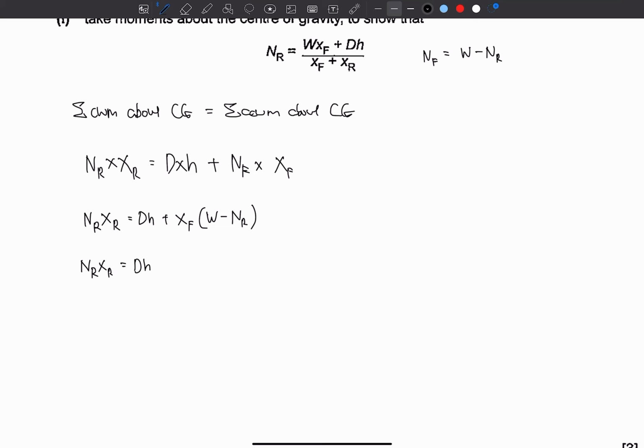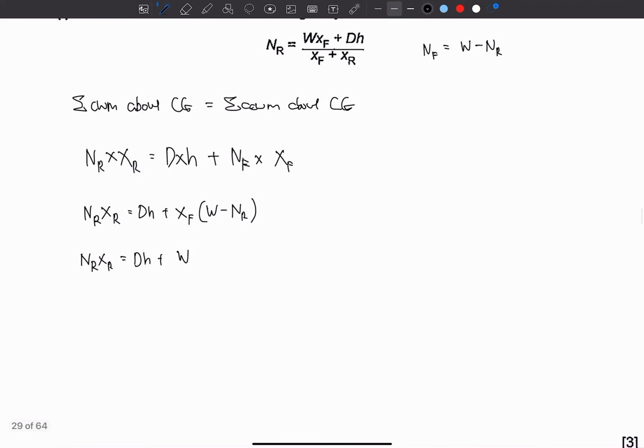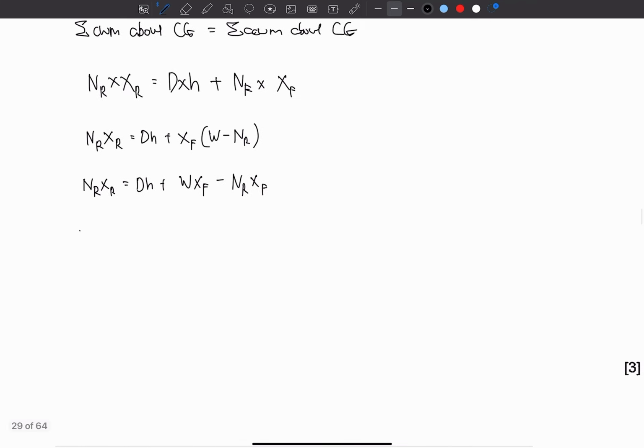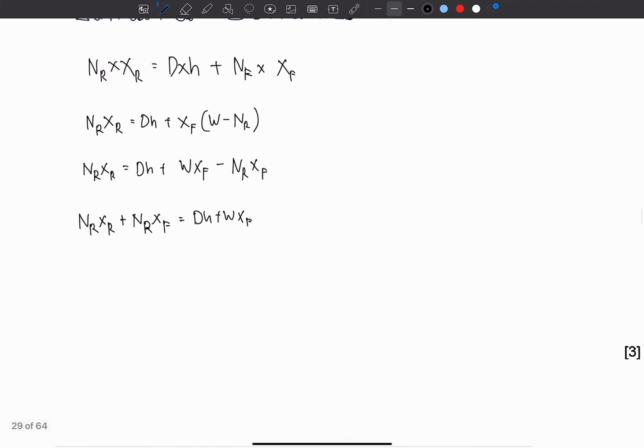NRXR equals DH plus WXF minus NRXF. I just noticed they were using small x, but it's okay. So we will move the final term to the left hand side. We will factorize out what we are looking for, which is NR.